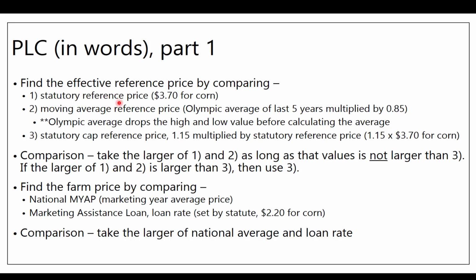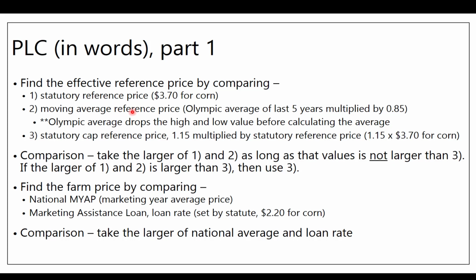So walking through that in terms of words, if we were going to do the corn example, we would need to find the effective reference price for corn. So $3.70 is what's written into the law for corn.